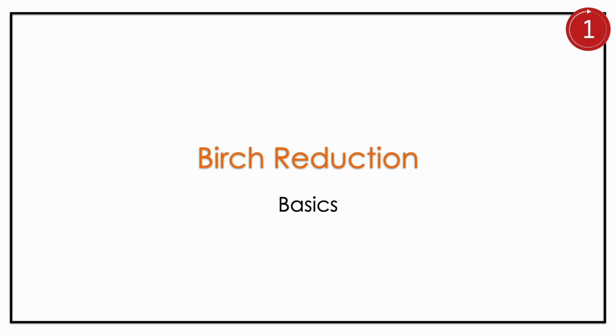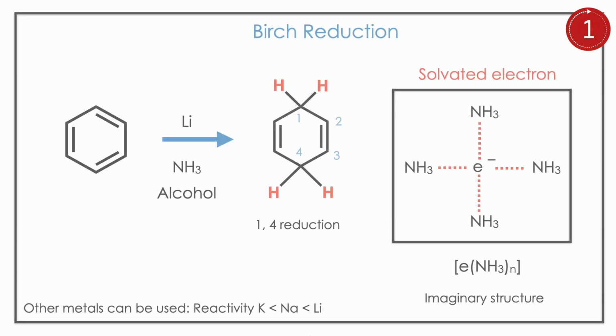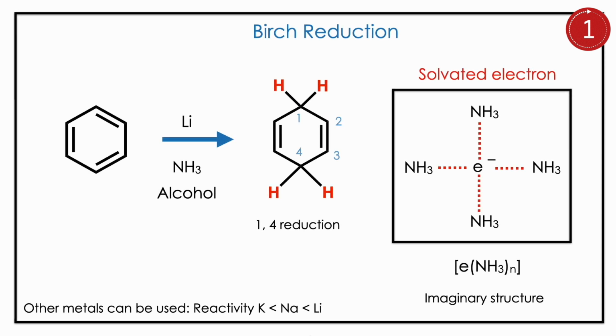First things first, we will see the basics of Birch reduction. What is Birch reduction? In the standard example, lithium and liquid ammonia are used as the reagent, with alcohol. If you use those reagents with benzene, you have reduction at the 1,4 carbons, basically 1,4 reduction.